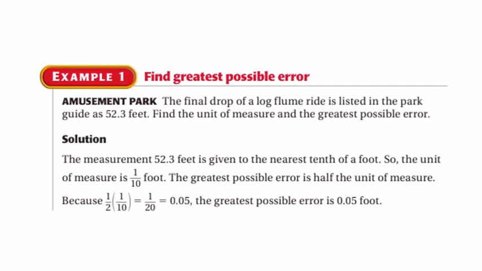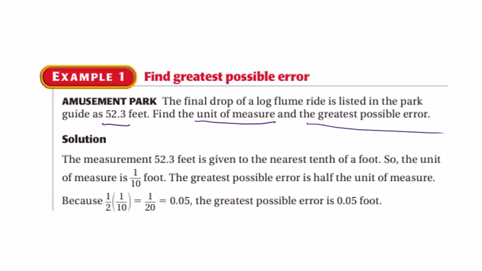Okay, so let's look at example 1. Amusement park. The final drop of a log flume ride is listed in the park guide as 52.3 feet. Find the unit of measure and the greatest possible error. So, 52.3 is rounded to the nearest tenth of a foot.